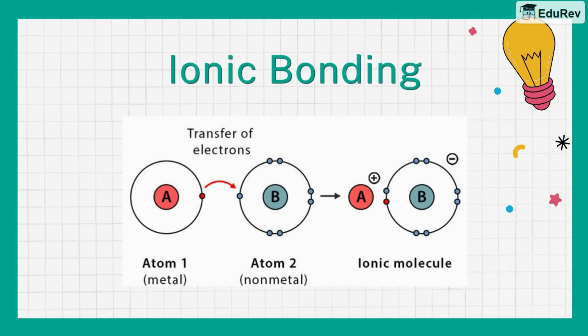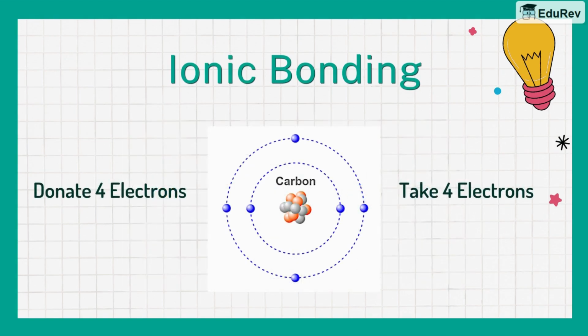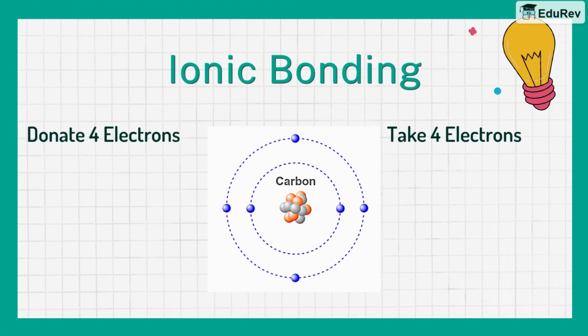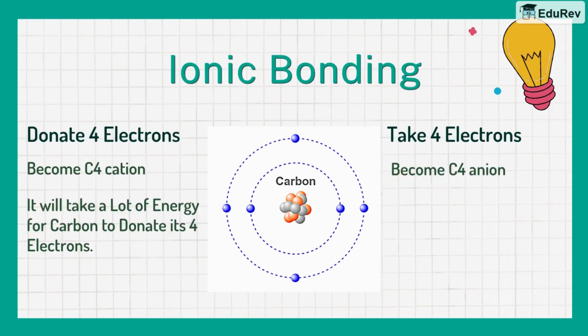You might recall the concept of ionic bonds, in which atoms either donate electrons or take electrons, and think that carbon can either give away 4 electrons or take 4 electrons. But it cannot. The reason being that it will take a lot of energy for carbon to donate its 4 electrons.